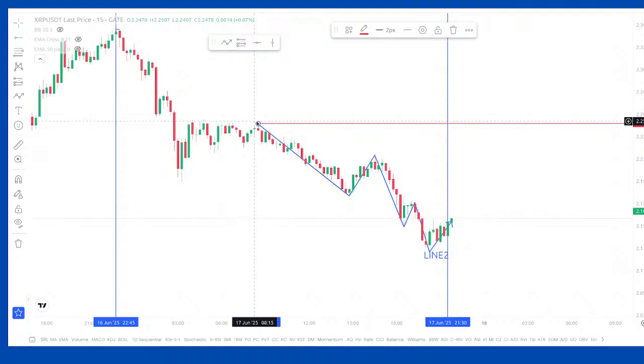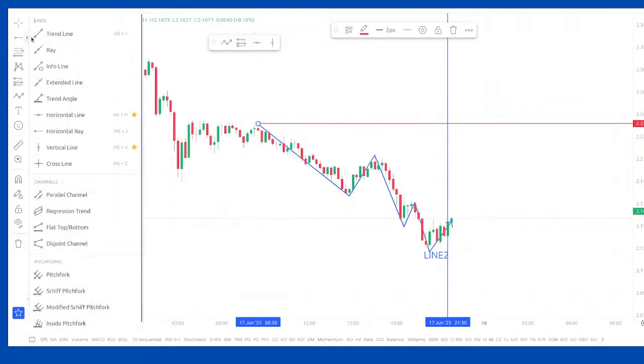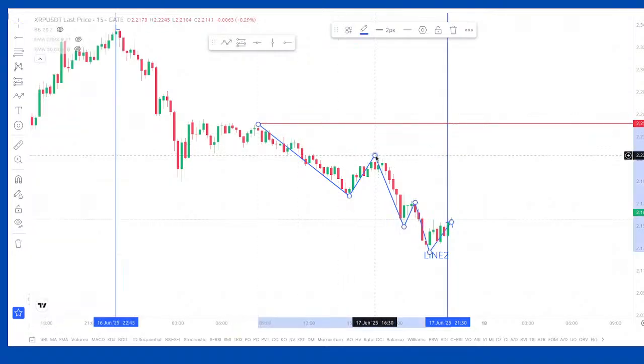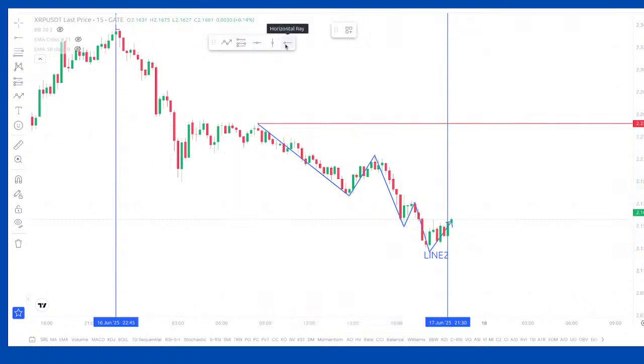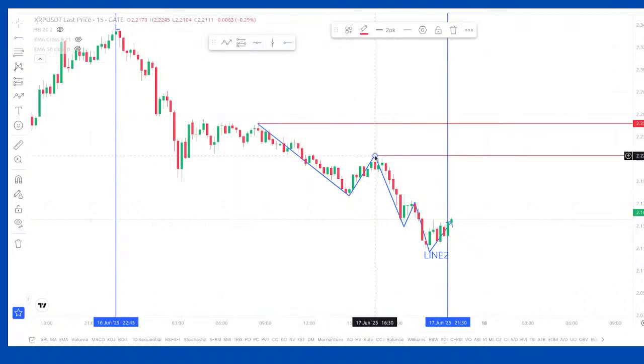Now I want to enter the second resistance, which formed from this point. Remember, this was upper. We have another resistance here that formed at this point. That is the second resistance. From there, we had another resistance that formed below this point here. Now from there, we have another coming right down here.